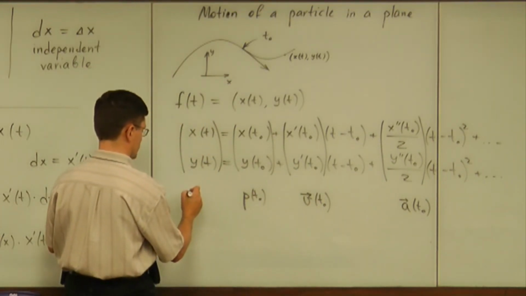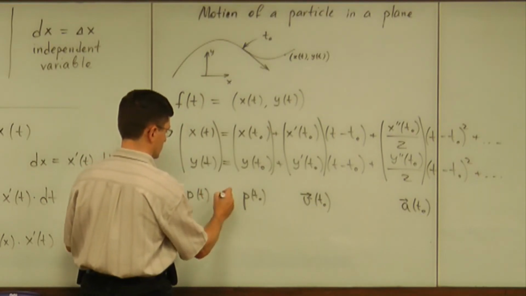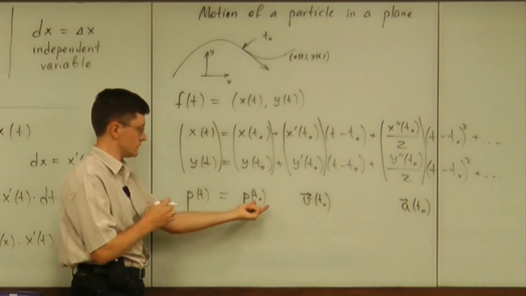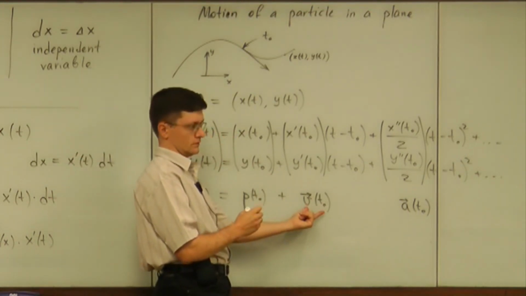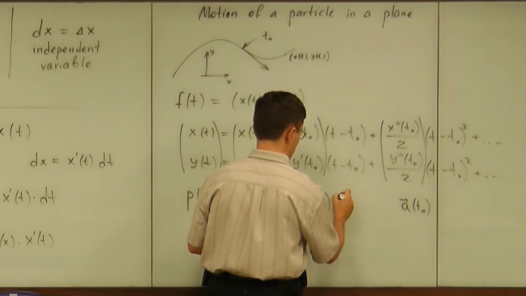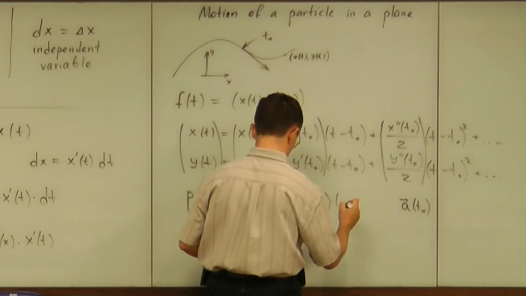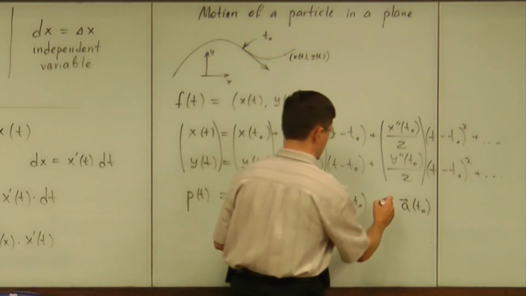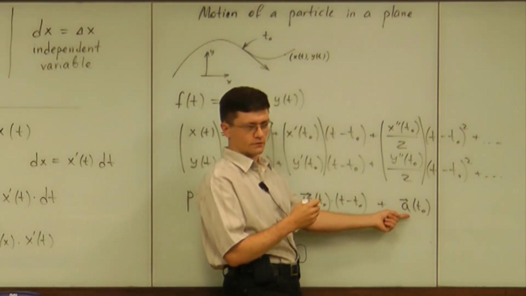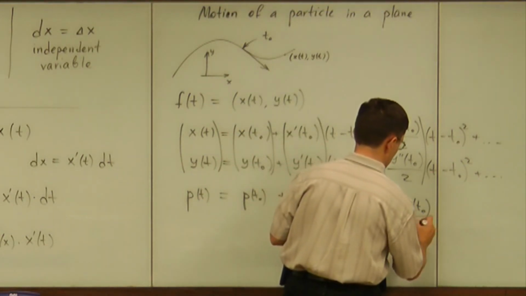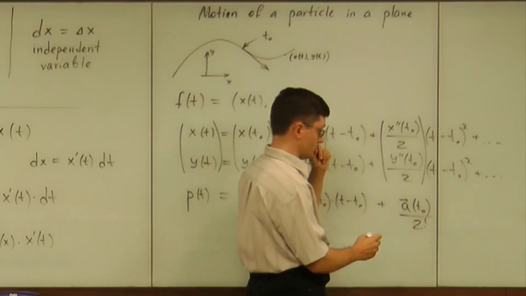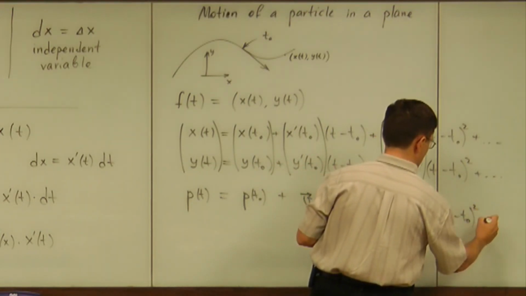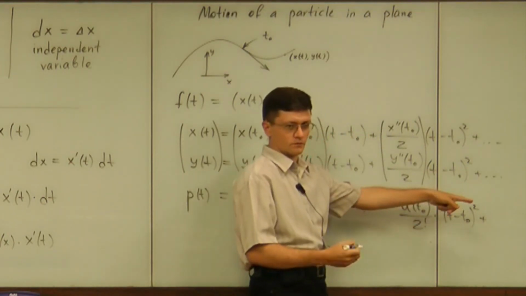And what we have is position at any time t as a point on the plane is equal to position at time t0 plus the vector of velocity multiplied by t minus t0, plus the vector of acceleration divided by 2, well, 2 factorial technically, multiplied by t minus t0 squared, and you can continue.